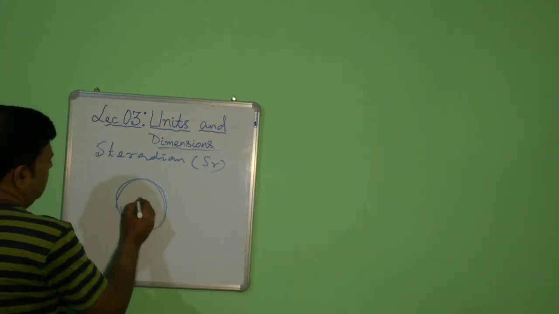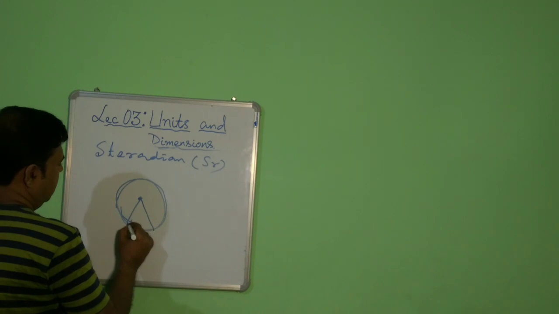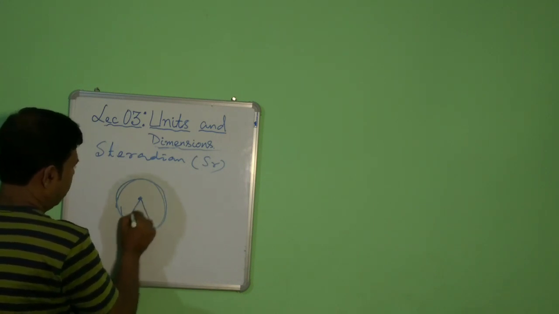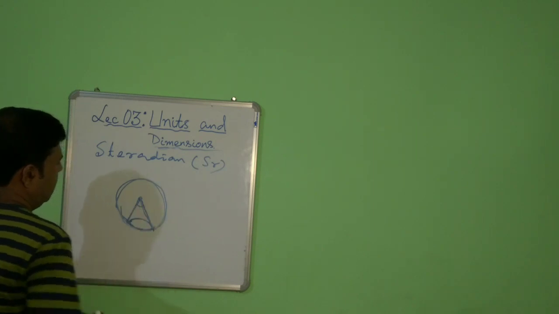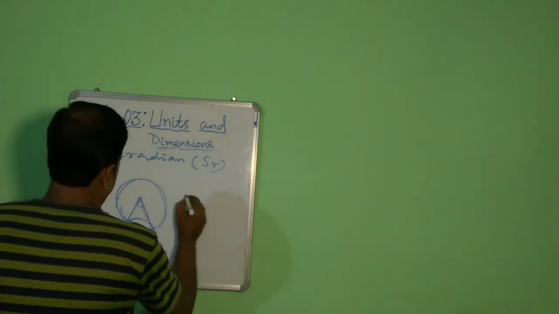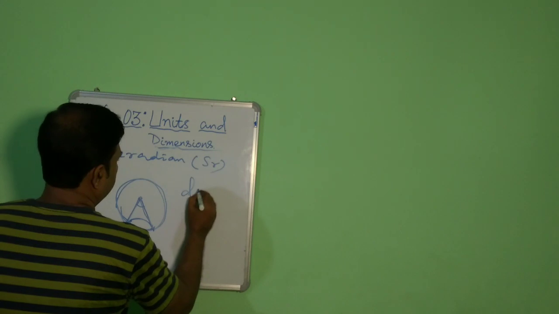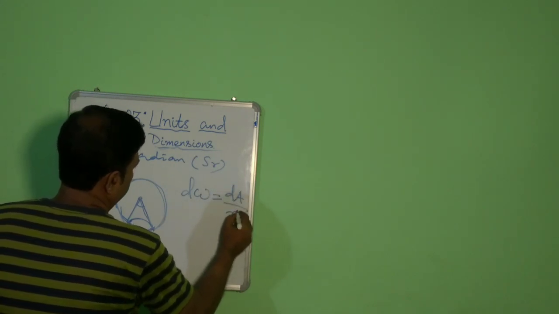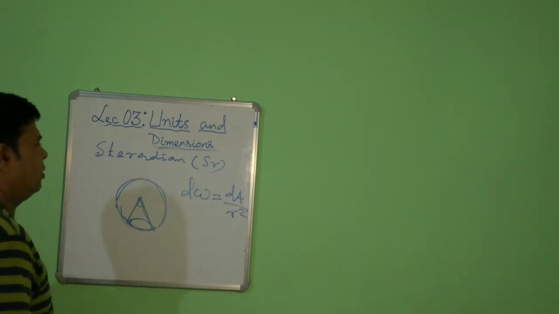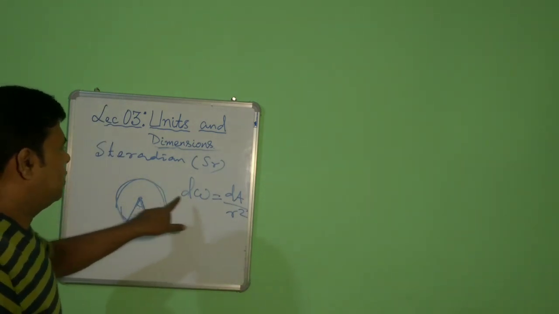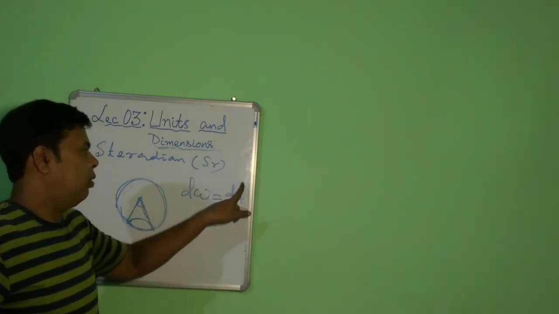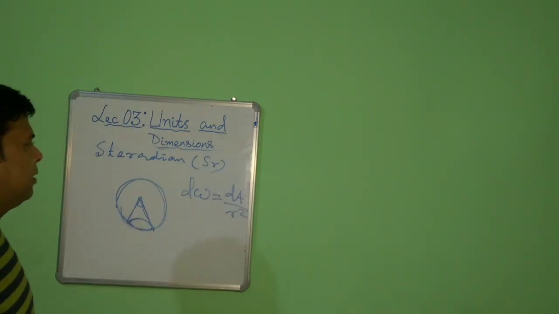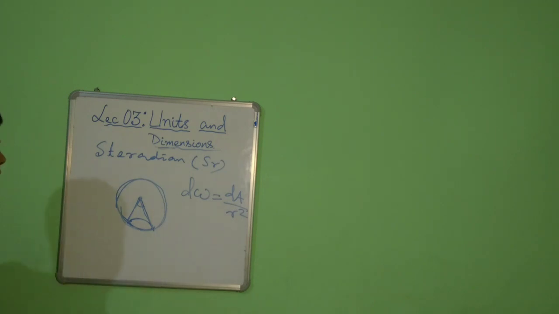So suppose this is the center, this is an area element, suppose dA, and this is the conical angle subtended at the center of the sphere. The solid angle is usually denoted by d omega, equal to dA upon r square. d omega is the small solid angle subtended by an area element equal to dA, r being the radius of the sphere. It is a 3D concept.